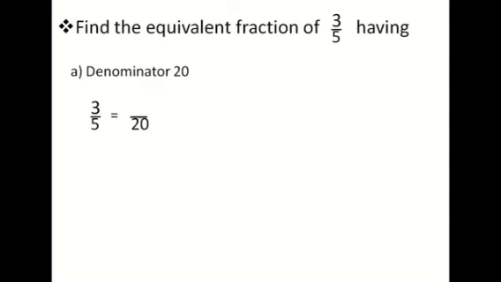So here we are very much clear that we have to multiply. So you can write it 3 by 5 multiplied by 4 in the numerator and the denominator. So the equivalent fraction is 12 by 20.